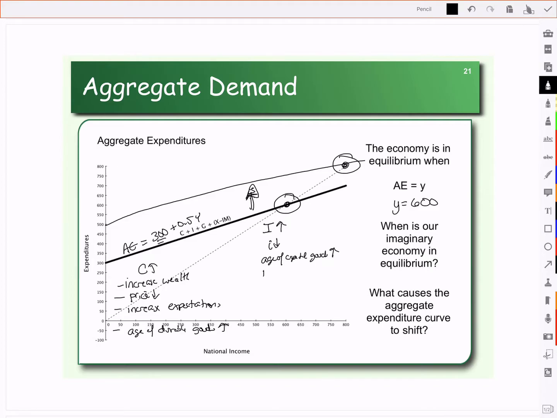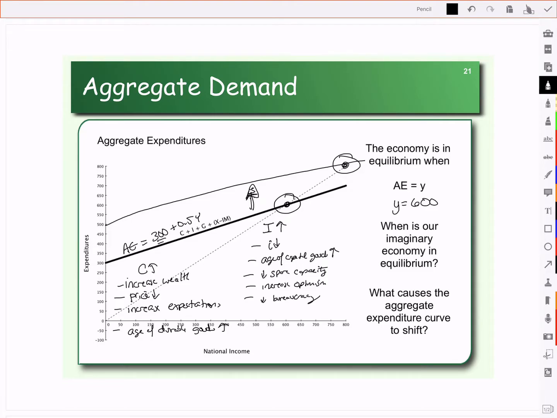If there is a decrease in spare capacity, then they're going to increase investment spending. If there's an increase in their optimism, and if there is a decrease in the level of bureaucracy or red tape, all of those would increase autonomous investment spending and thereby increase aggregate expenditures. All right, so that was C, that was I.